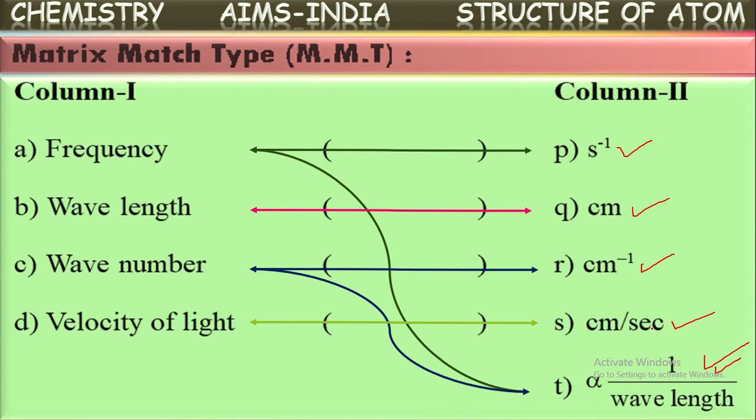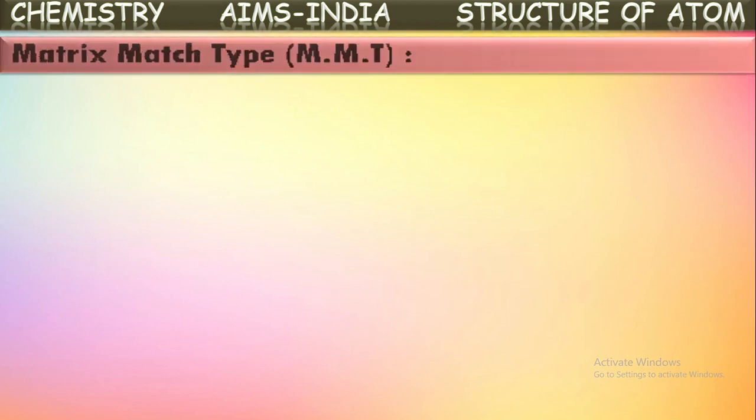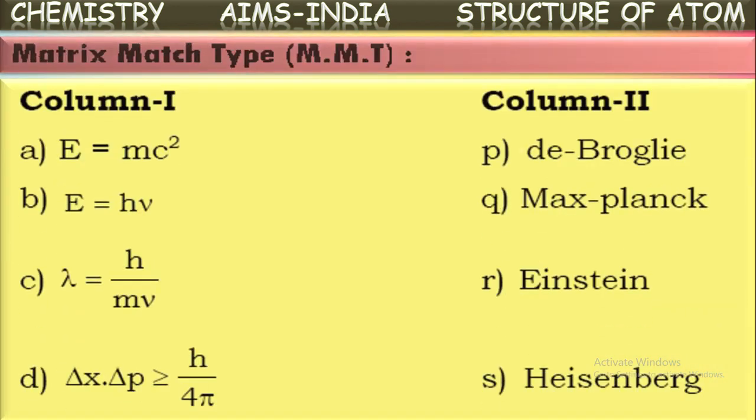Yes, good. Next, let us see one more matrix matching. Here, certain equations are given in column 1, and in column 2 they have given the scientists who proposed each equation. See the first one, E is equal to mc squared.